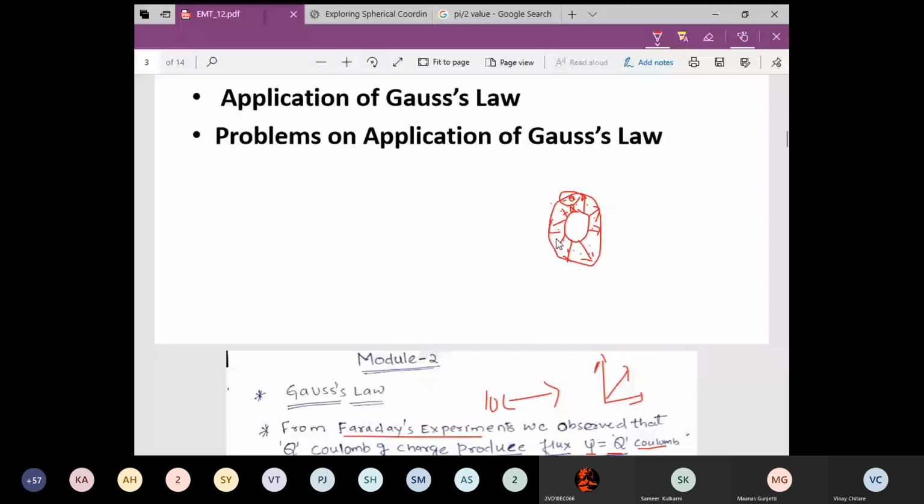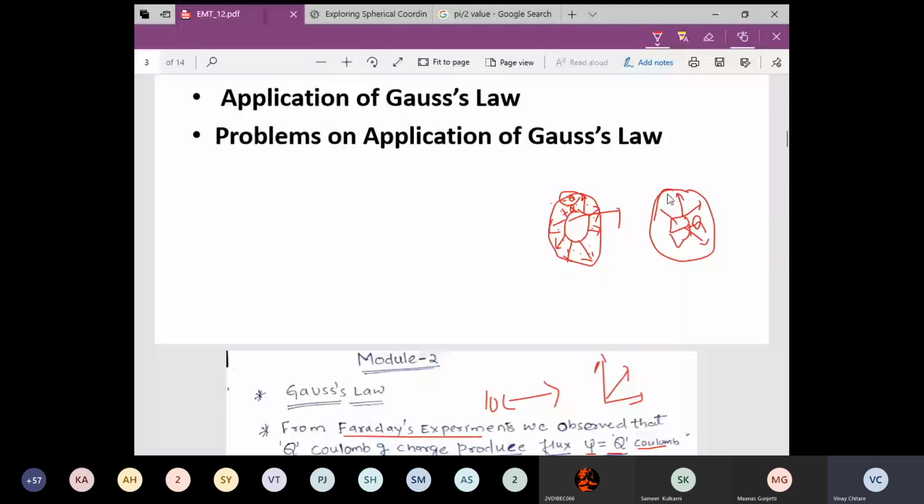Now in this experiment you can replace the inner sphere with a cube. If you give a Q amount of charge on this cube, it also produces a Q amount of flux.